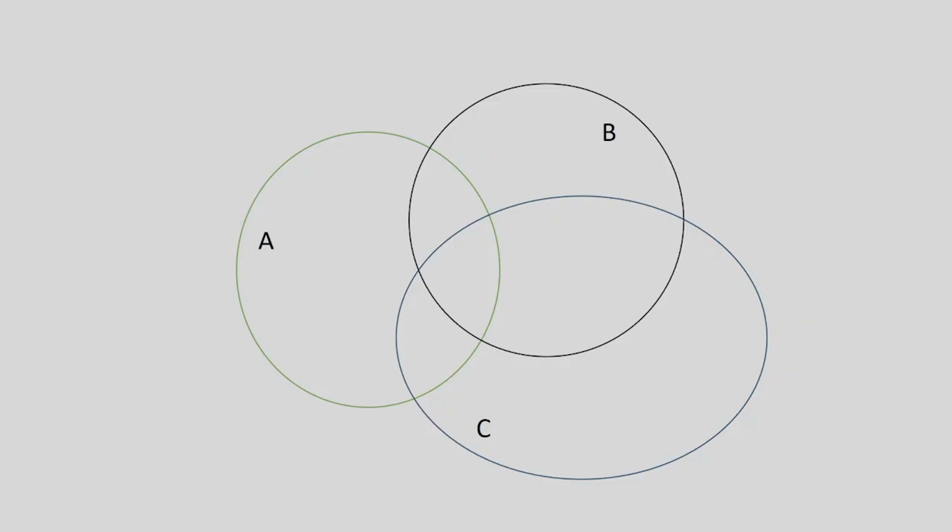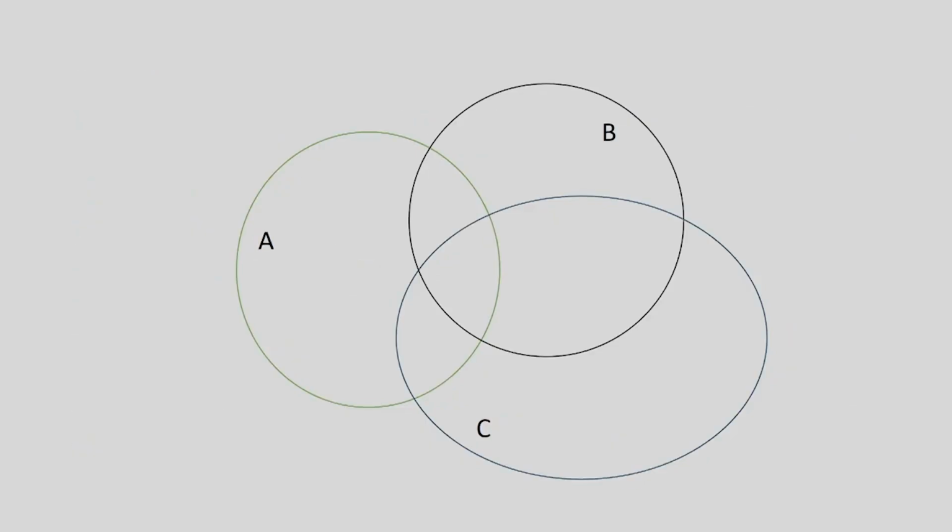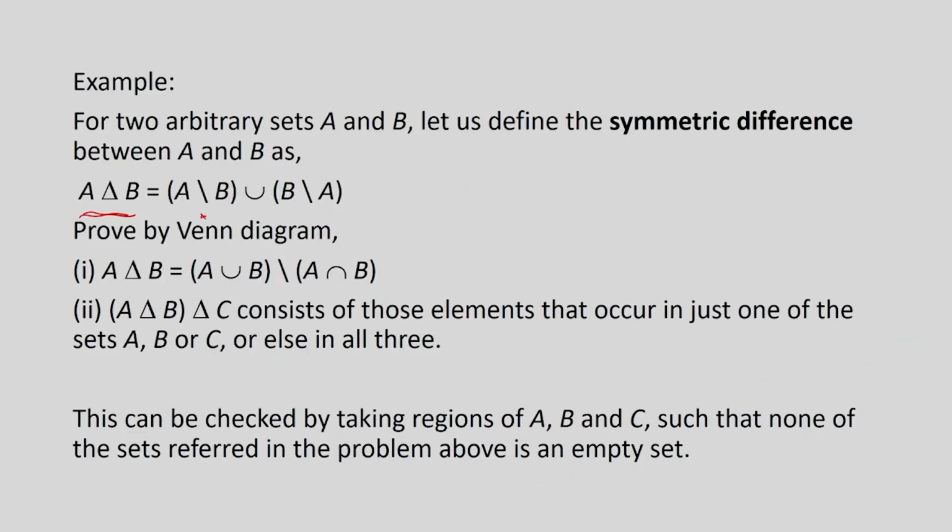Okay. So, just let me write down the thing that we are supposed to prove. We are supposed to prove this: A delta B is equal to... This we have to prove. Okay. But what is the definition of delta?